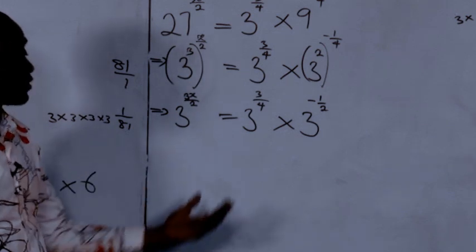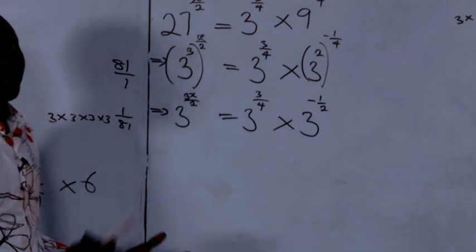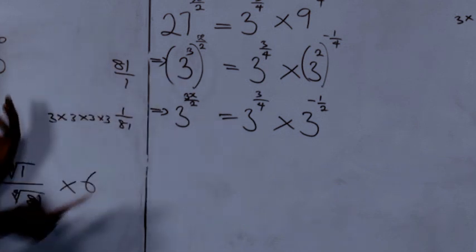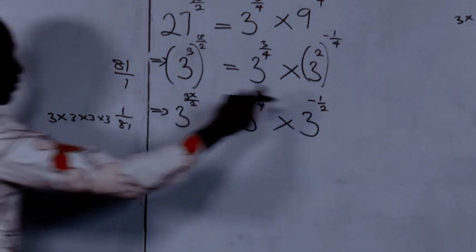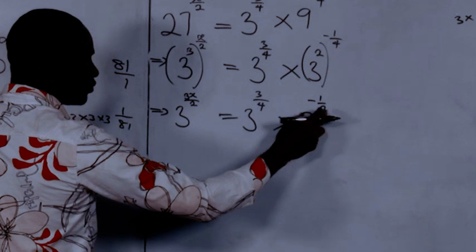You should know how to get that by now with all the examples I've given above. You should be able to know how I got minus 1 over 2.